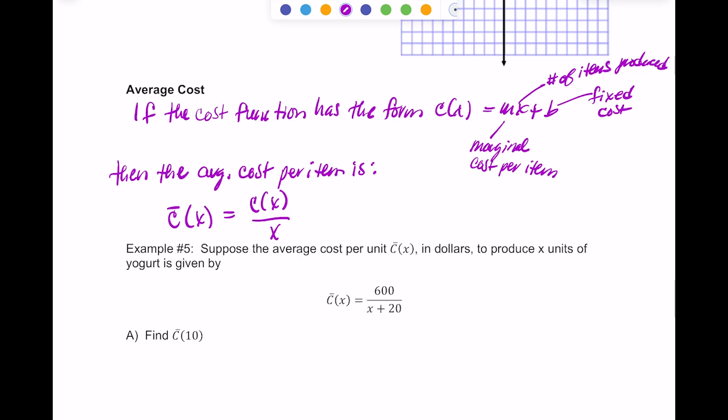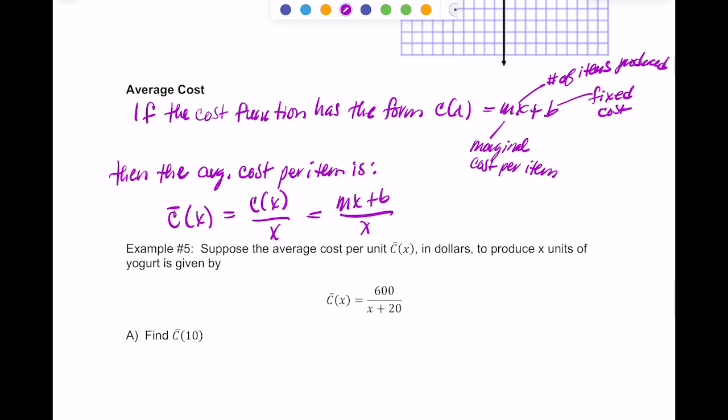That's going to give us an average. If you think about an average, how do we find an average? We add up the values, and then we divide by the number of numbers, right? So we're just taking the cost function and dividing the cost by the total number of items produced. And if we replace c of x, it's mx plus b, divided by x.